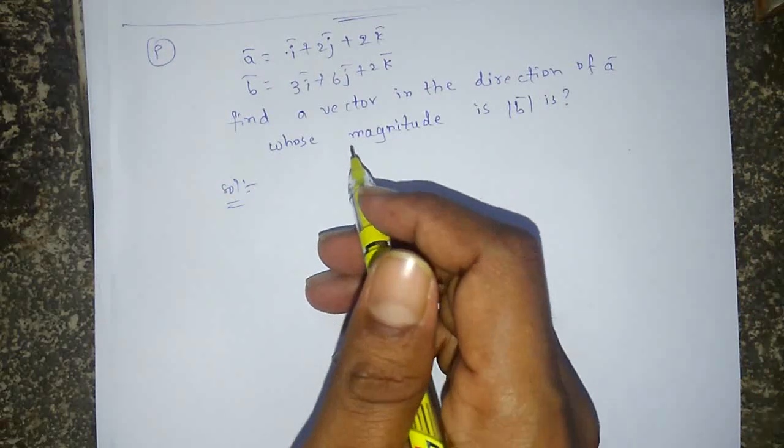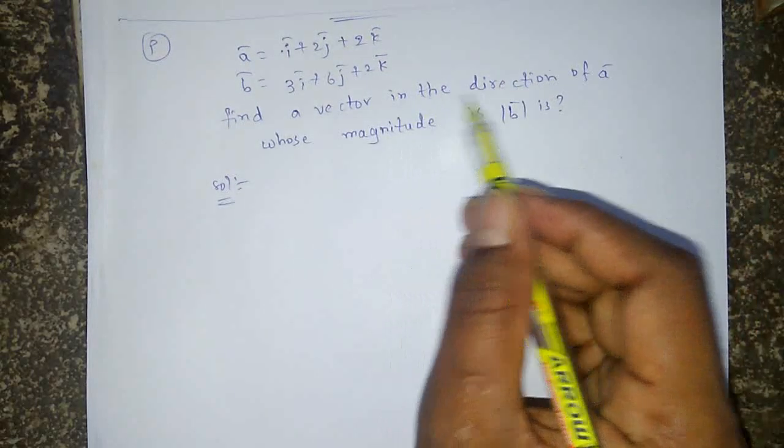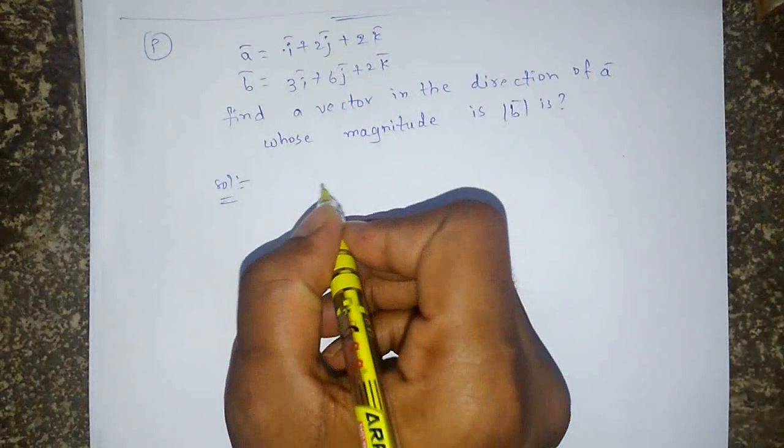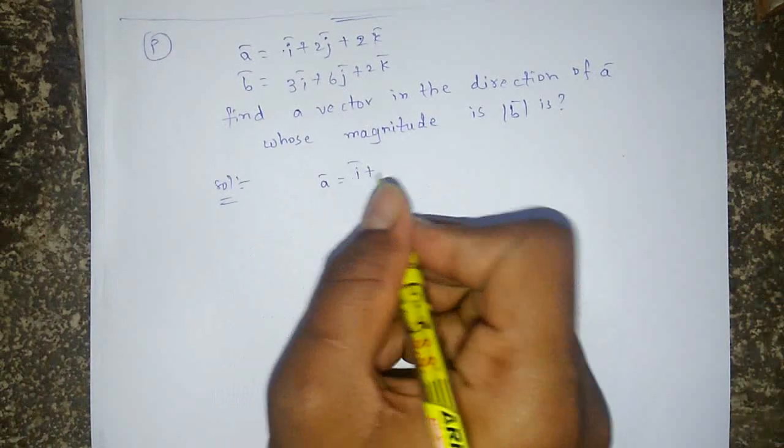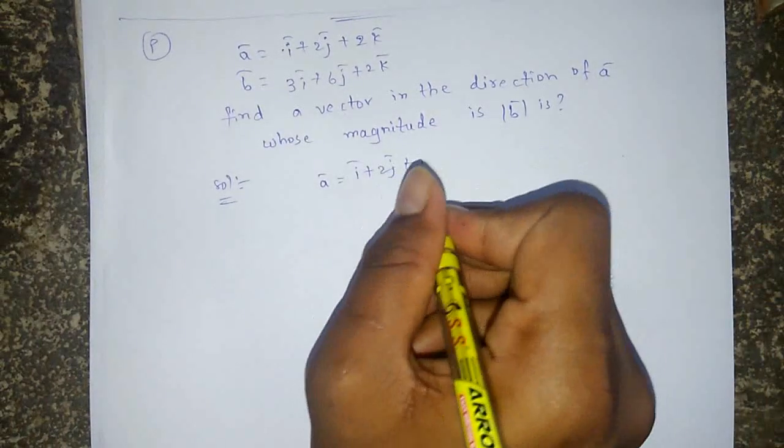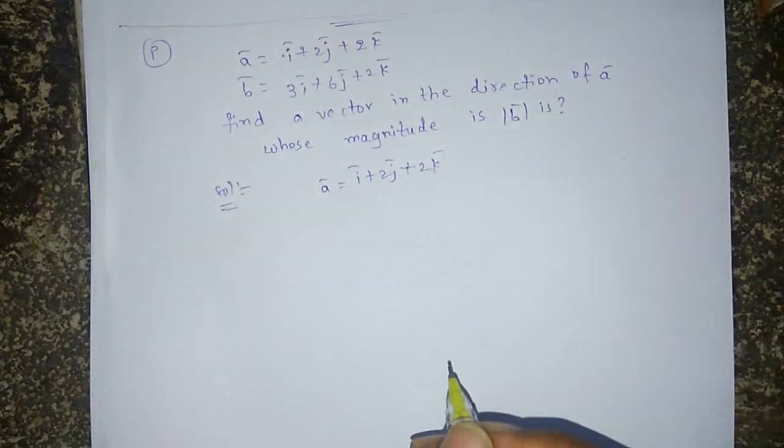So first we need to find the unit vector along the direction of A bar. Given A bar is I bar plus 2J bar plus 2K bar.